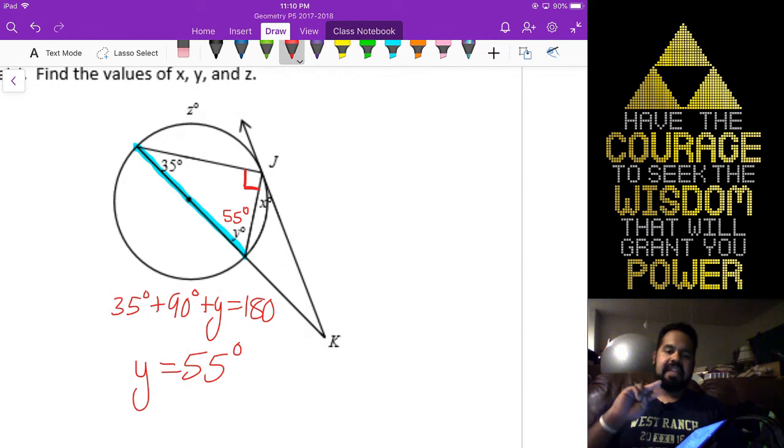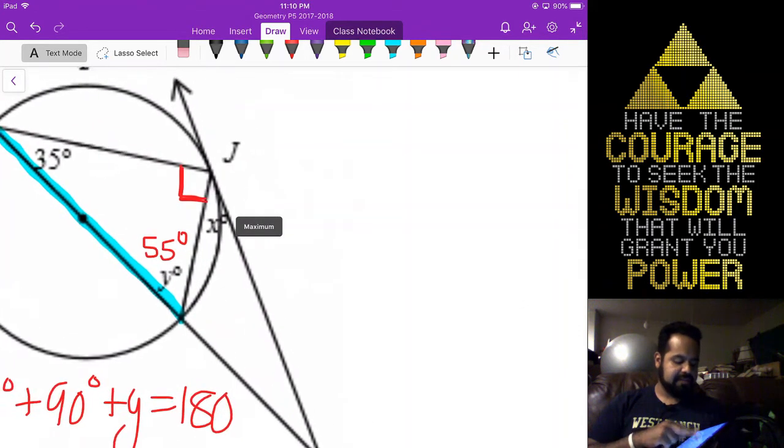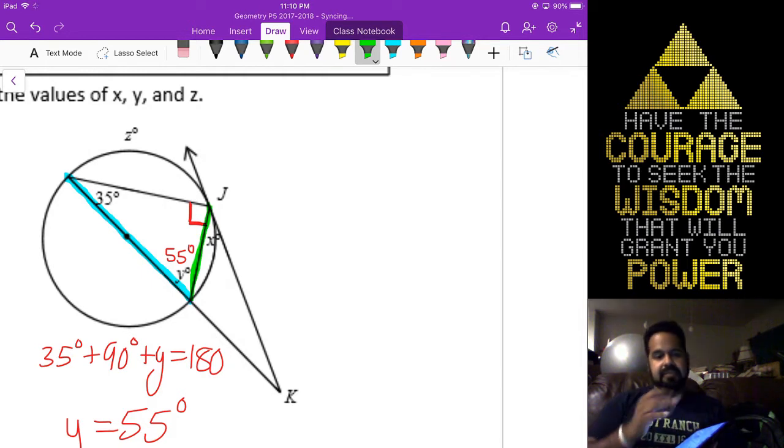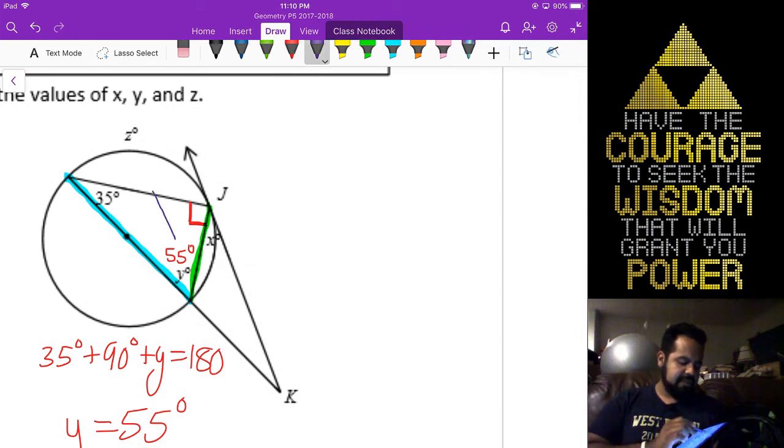Great question. That's when we got to start thinking about all the ways we can go around the circle. Do you guys see this little chord right here that forms with angle y and the blue line? Well, that's still an inscribed angle. So I'm looking out, and that forms an intercepted arc right here.